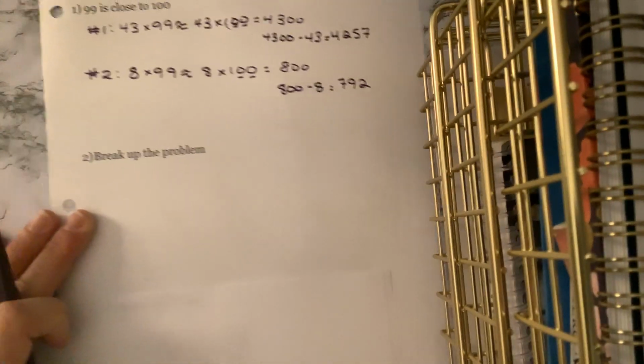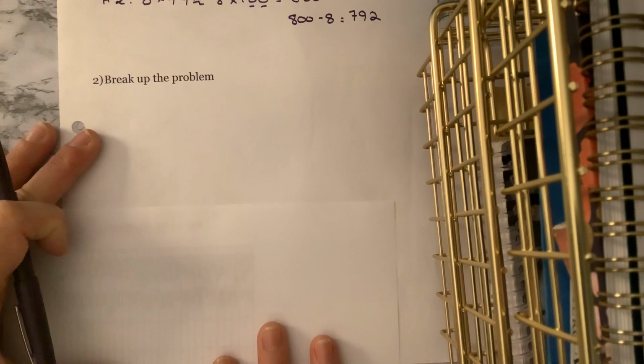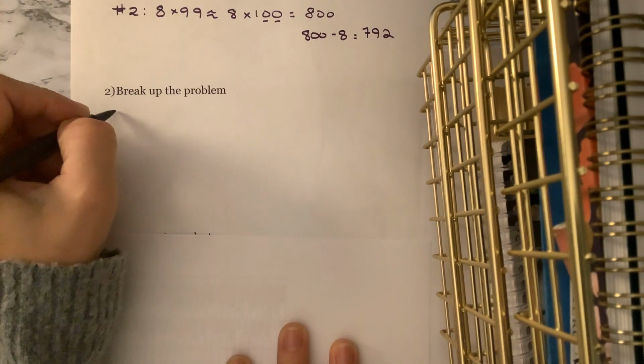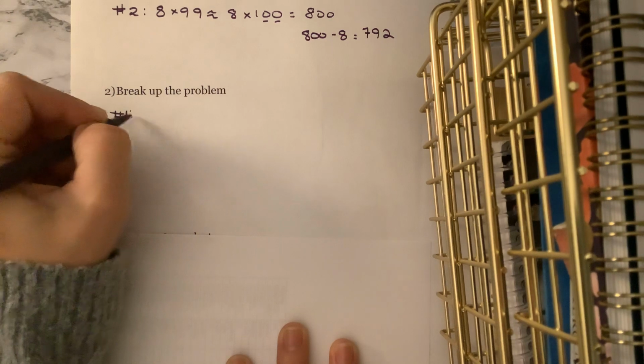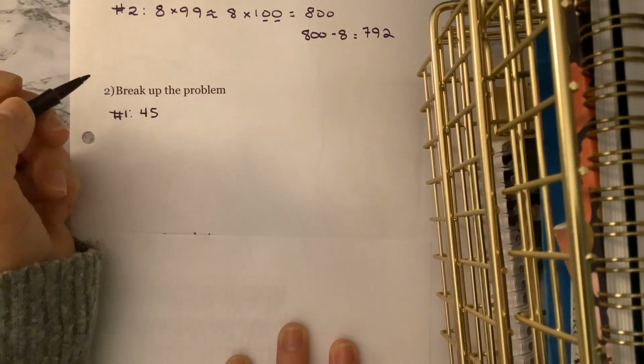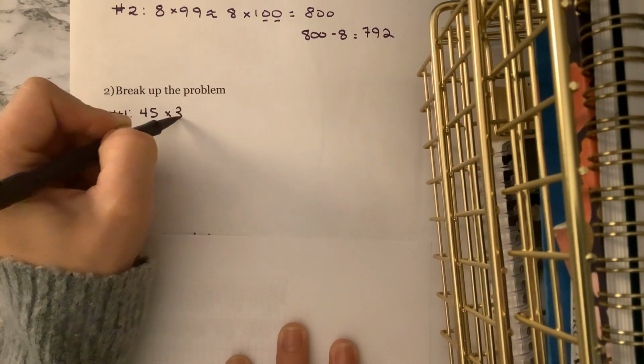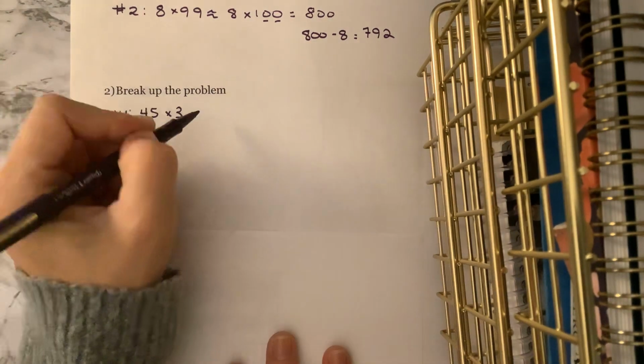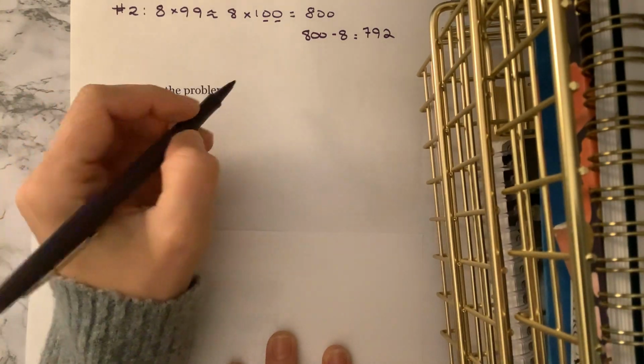Let's take a look at this second strategy, where we break up the problem. 45 times 3. 5th graders, this is really just taking advantage of the distributive property. We did a bunch of problems a lot like this, and this is what we're doing here, taking advantage of the distributive property. Okay?